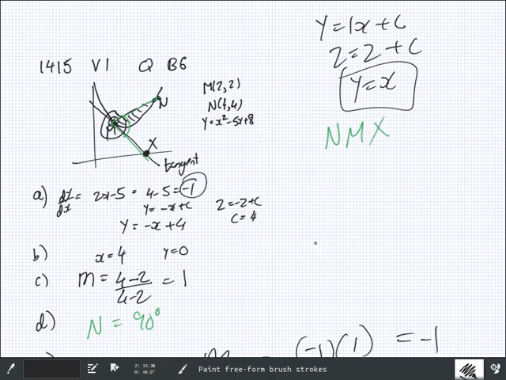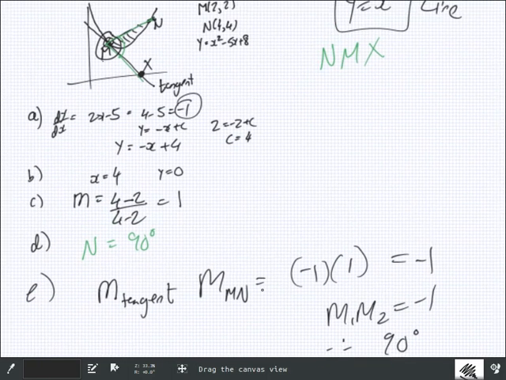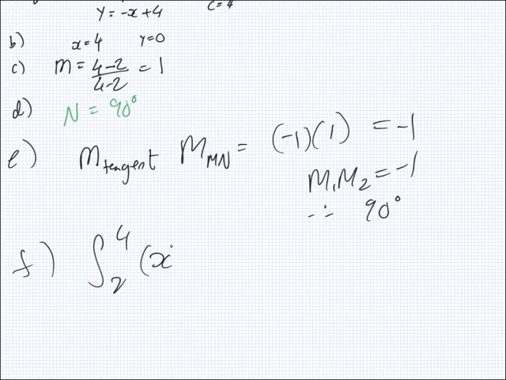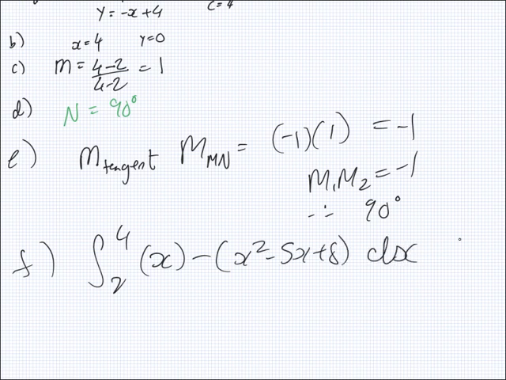Anyways, now that we have the line, what do we integrate? What minus what? The line minus the quadratic. And what's the quadratic? x squared minus 5x plus 8. Now, just realise, please, that you are getting 8 marks for that integration.